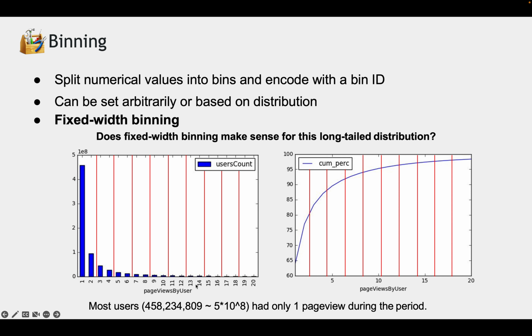1 2 3 4 5, okay. And this is obviously something, let's say that these are users. Okay, page views by user, and this is what? Okay, this is the user and these are the page views. User count.